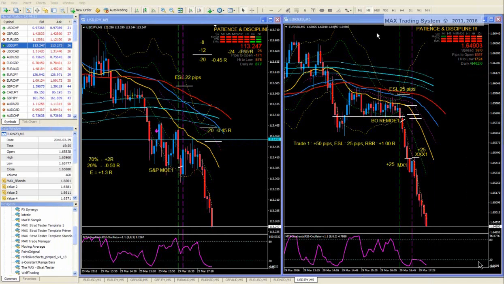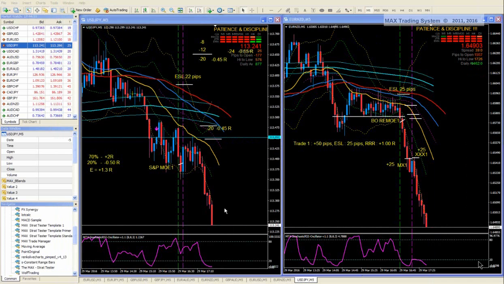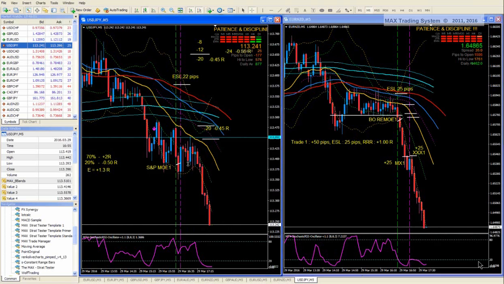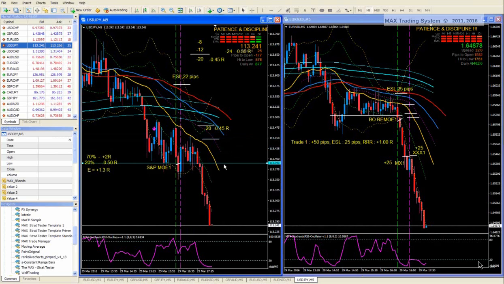And let's come back to the USD yen. Now we can see if I draw a horizontal line here, here, from the entry. Now the entry is right inside the invalidation, the movement invalidation area.